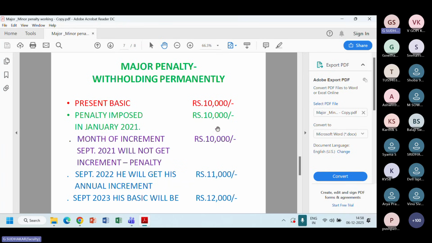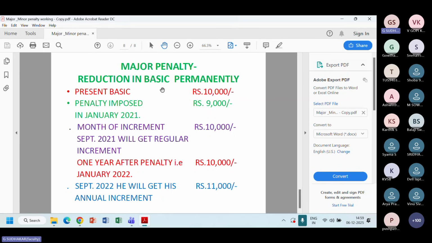So 1,000 rupees will not be added. September 22, his normal increment will be given after 1 year. So he is losing one increment permanently here. There, automatically it will be added and restored after 1 year. But here it will not be restored. He has to forego one increment permanently.